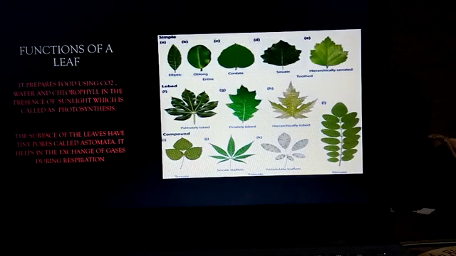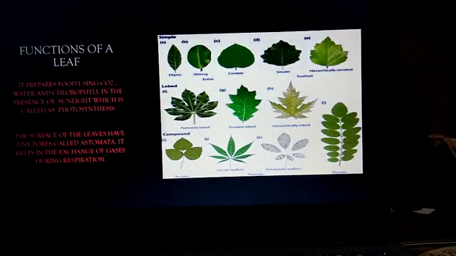The leaves absorb carbon dioxide and sunlight from the air, and with the help of water absorbed from the soil and chlorophyll already present in the leaf, prepare food for the plant by the process called photosynthesis. So it prepares food using carbon dioxide, water and chlorophyll in the presence of sunlight, which is called photosynthesis.